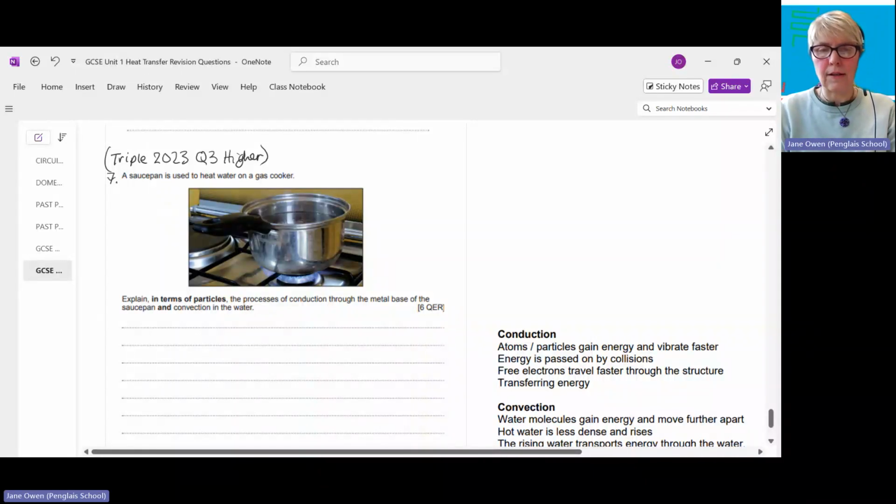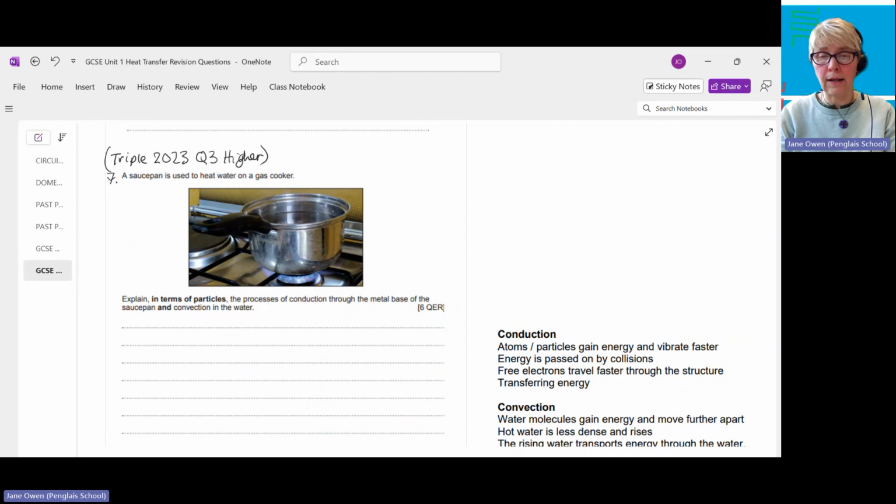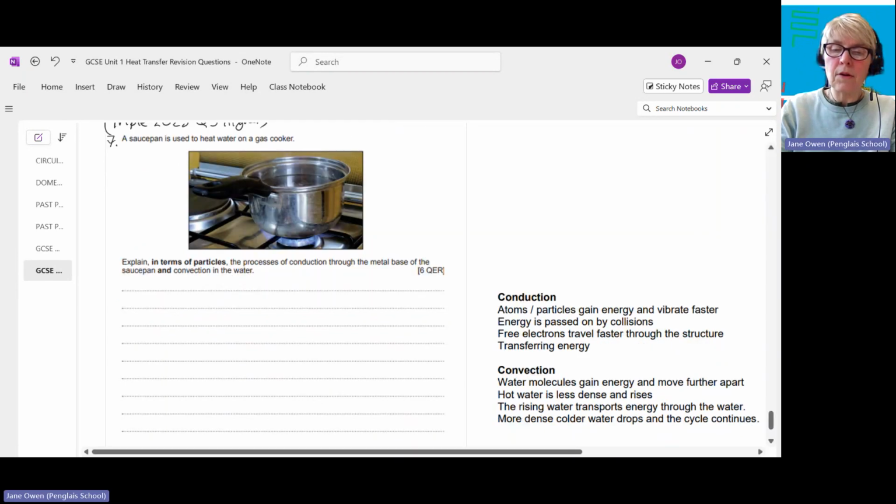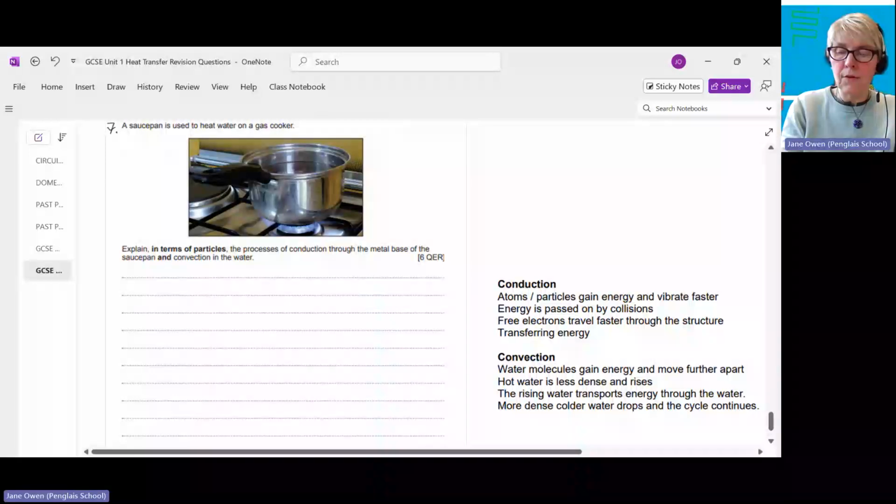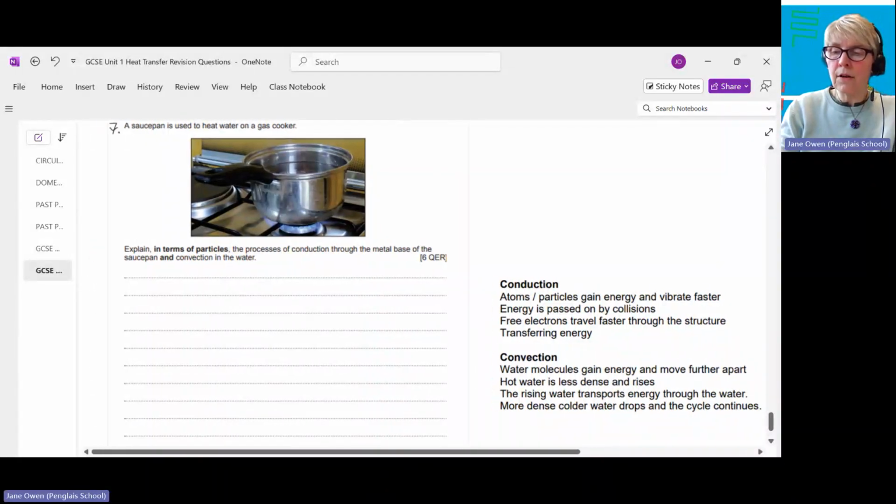A saucepan, another triple, but equally this could be used in double because it involves conduction and convection. Explain in terms of particles the processes of conduction through the metal base of the saucepan and convection in the heater. Now, conduction happens in solids. So let's run through it.